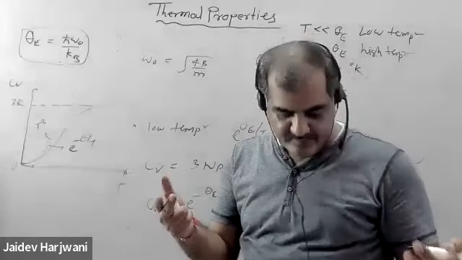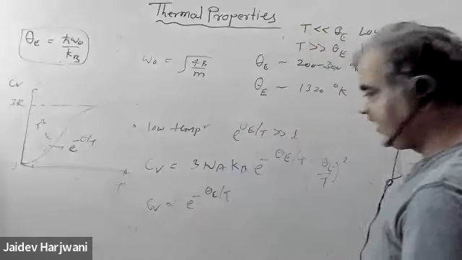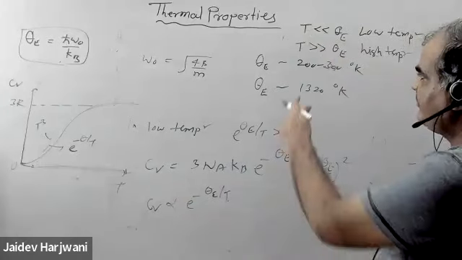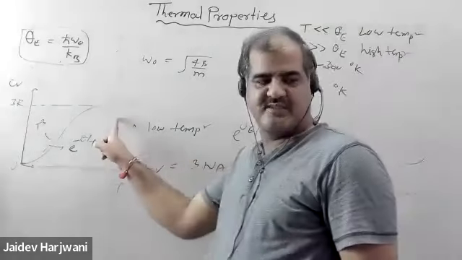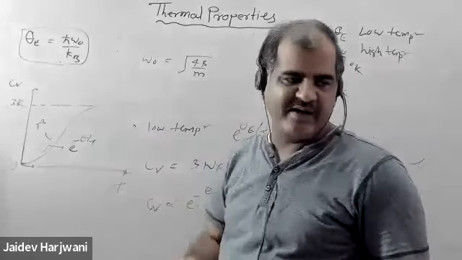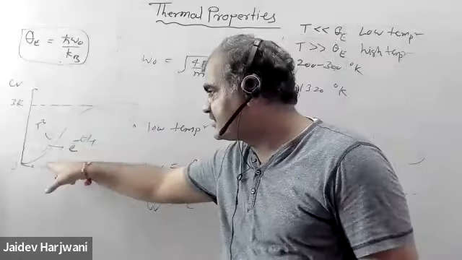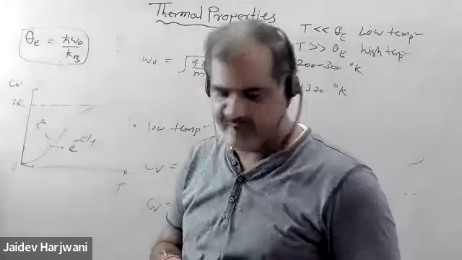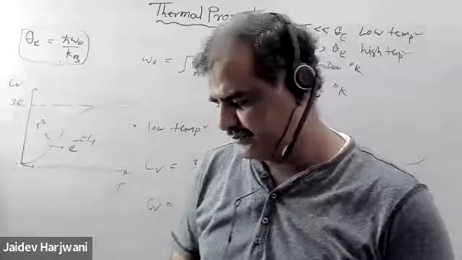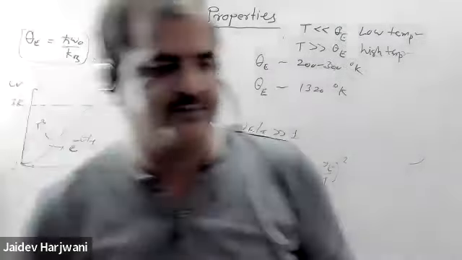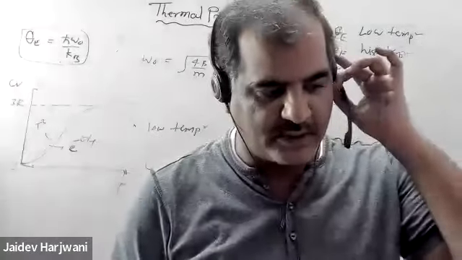While in the case of metal, if I take T equal to 500, this 500 will be greater than theta E, so I'll get constant specific heat. While if I'm at 10 Kelvin, then I'll be getting this. I hope I made my point. If anybody has a doubt, they can ask me. Any question about this?